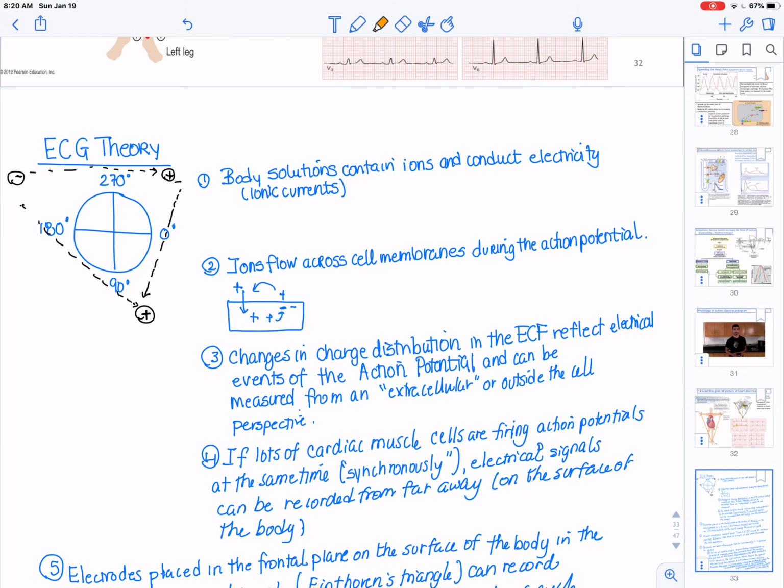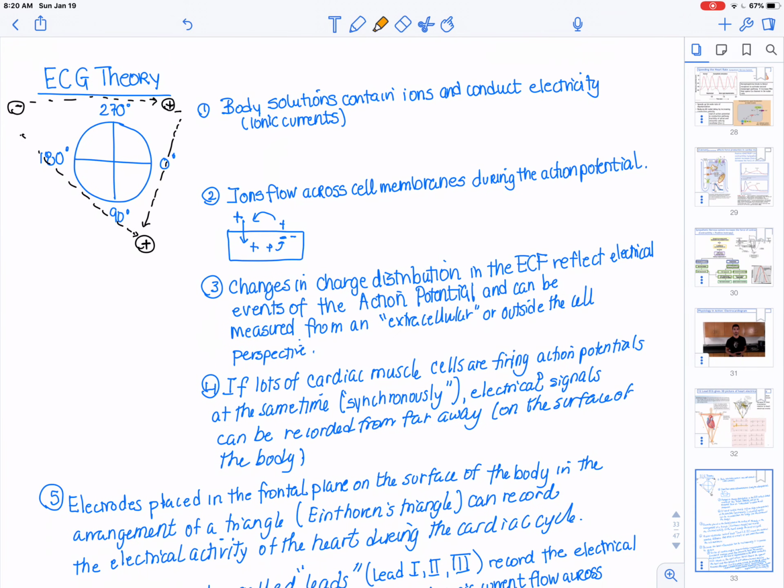So just to remind you that we are recording difference in potential on the surface of the body. And that means there's a difference in charge between those 2 points where the electrodes sit. And the reason that we can do that is that body solutions contain ions and conduct electricity. So you can think of it as body solutions are like seawater.